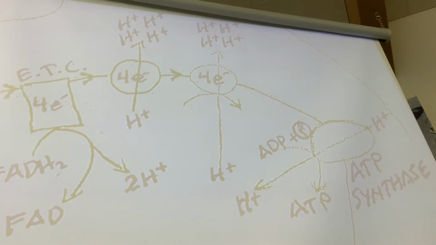You get about 1 per proton coming through, but it doesn't really work out that way. The general hypothesis is that as it spins, it may pick up an ADP and a phosphate. Sometimes it doesn't, so it's got to spin around again. So it's not a 1-to-1 ratio.